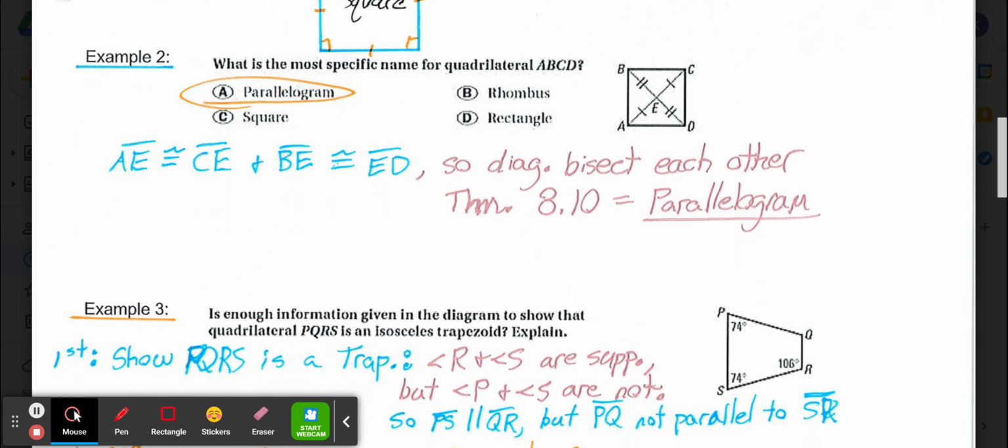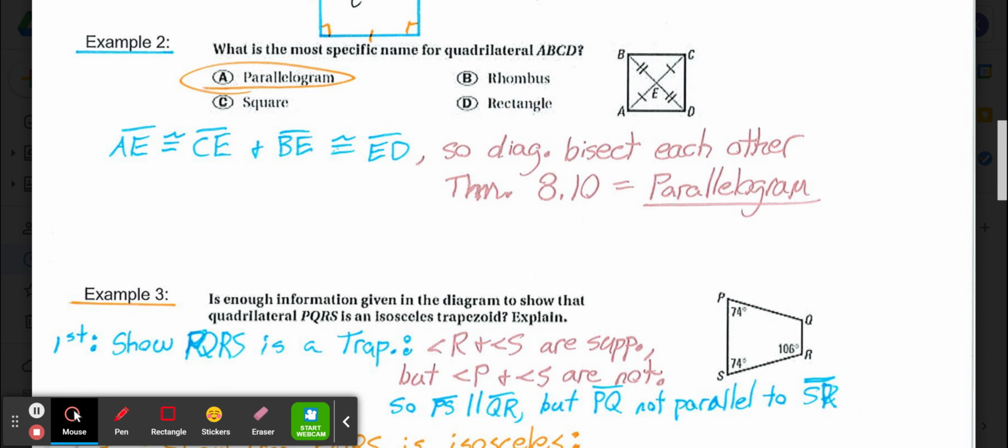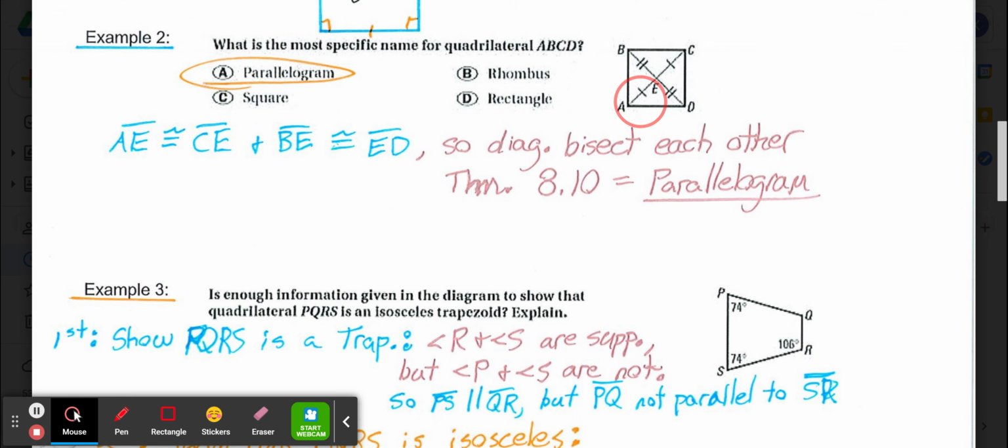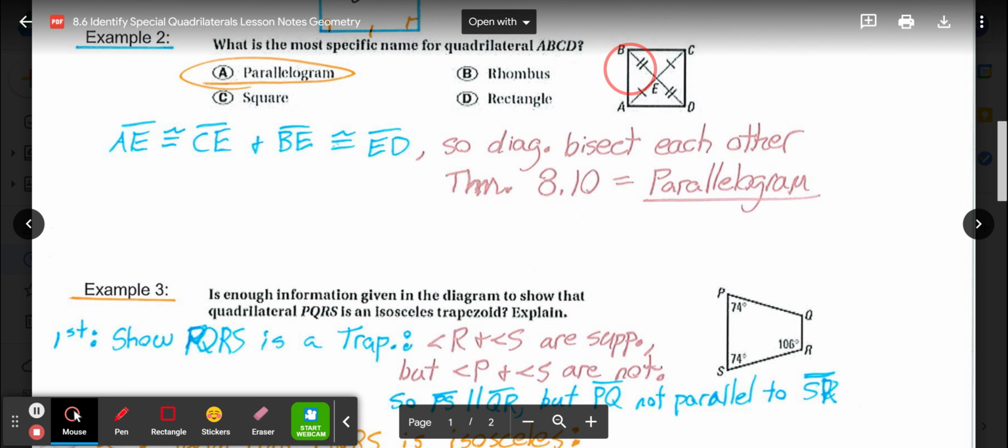Example 2. What is the most specific name for quadrilateral ABCD here? What they marked were some markings on the diagonals. We don't know anything about angle measures or exterior measures. So when we're choosing our answer, we can only base it on the info that they marked.